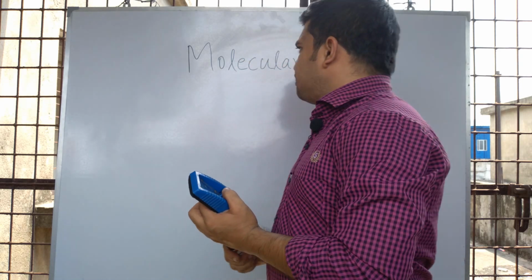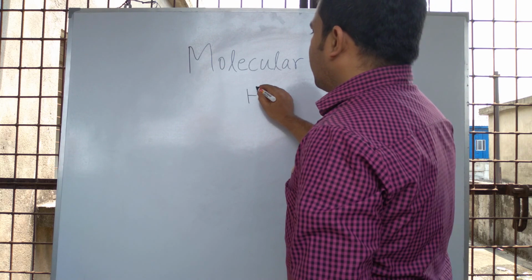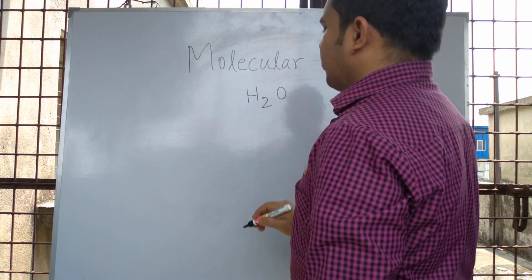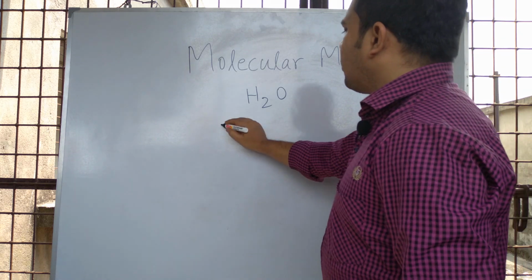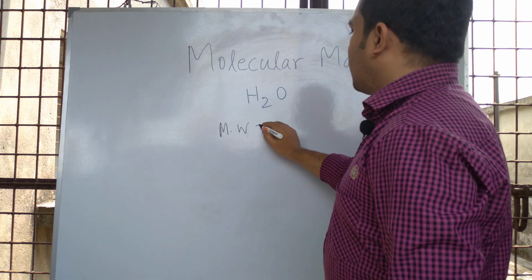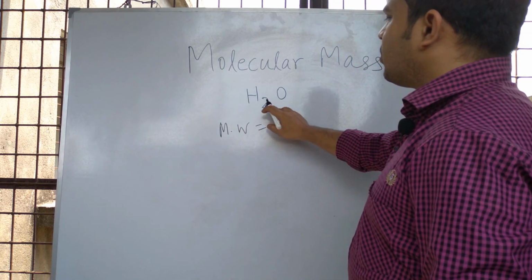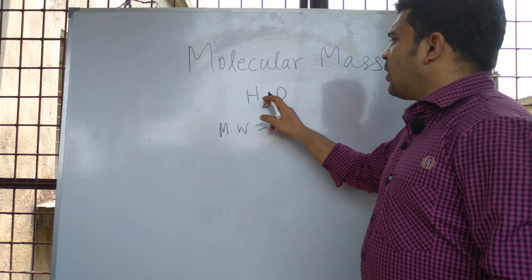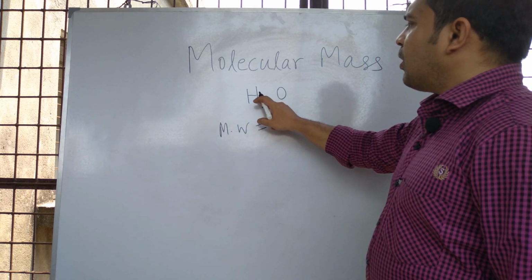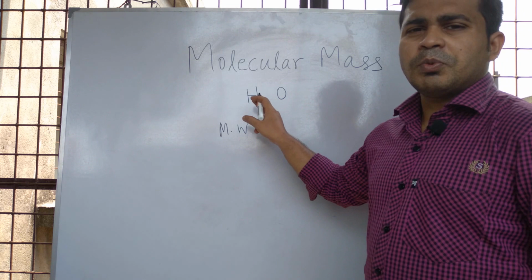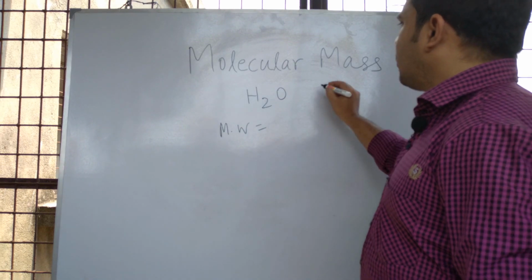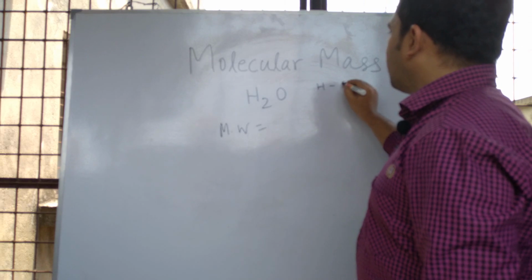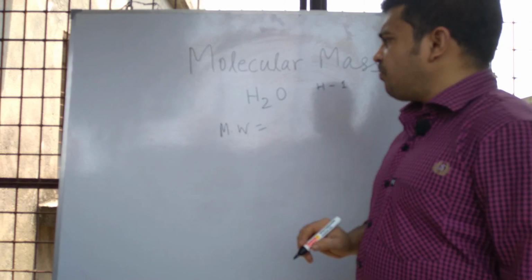For example, suppose we want to calculate the molecular weight of water. Very simple substance, common substance. For its molecular weight, how can we calculate its molecular mass? Look at the atoms that are present in this water molecule. In a water molecule, 2 hydrogen atoms are present, and a hydrogen atom has an atomic mass of 1 gram.